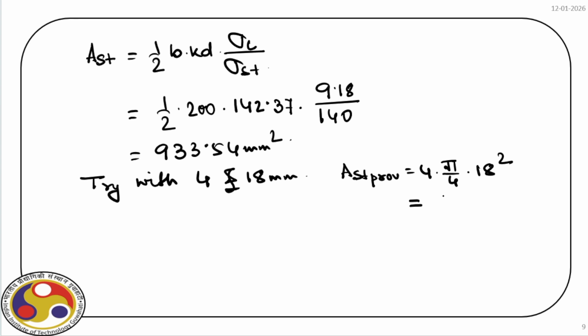So this is equal to 1017 millimeter square, which is more than AST required, and therefore the design is okay. So you can see how we started with basic geometry, and then we derived the amount of steel that we need to provide for this particular design.